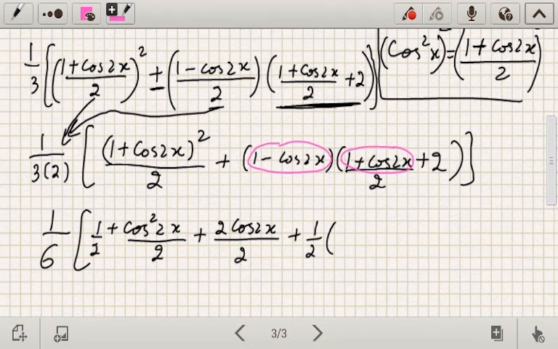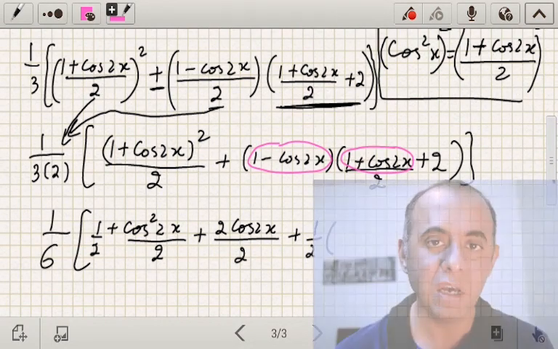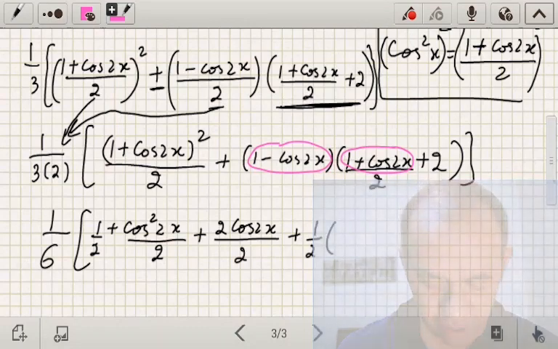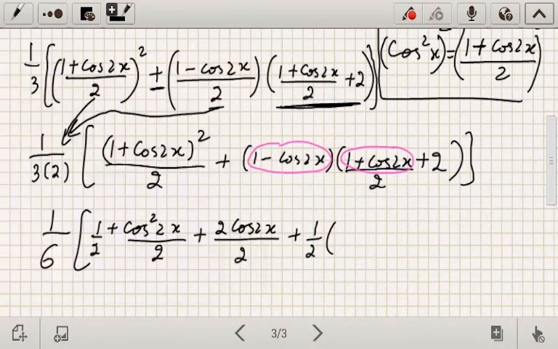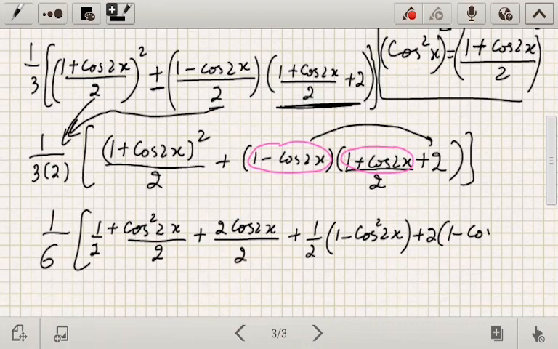The formula I'm going to use is a plus b into a minus b equals a square minus b square. So I'm going to use that, and I get 1 minus cos square 2x, and similarly this term is going to be multiplied with this 2 as well. So 2 into 1 minus cos 2x.